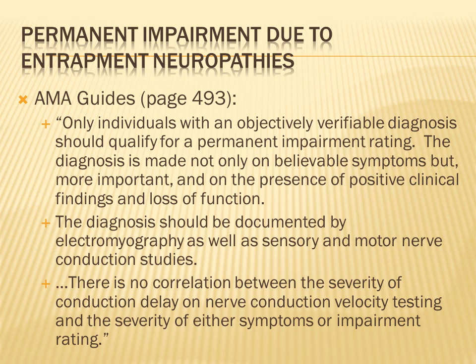So far the bulk of this program has been about describing the functions of these named peripheral nerves of the lower extremity and discussing the positive clinical findings you could expect in the presence of a bona fide lesion of these nerves. So I think the AMA Guides are telling us here that objective findings are paramount.